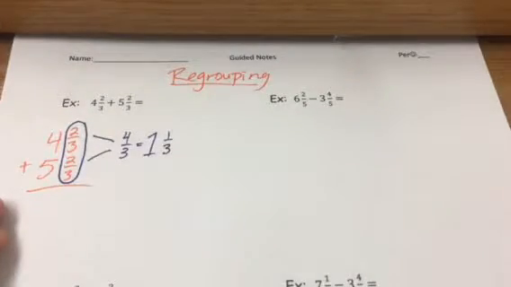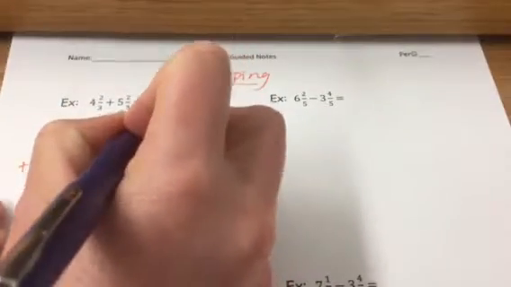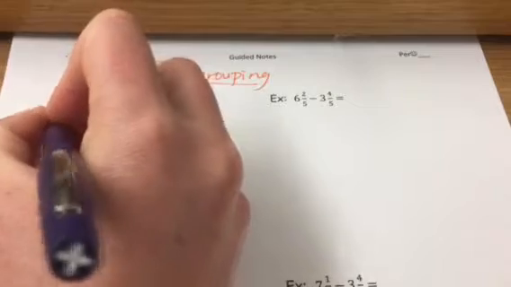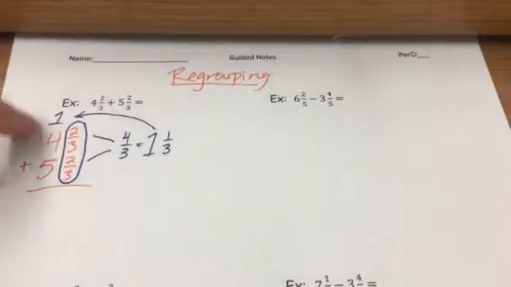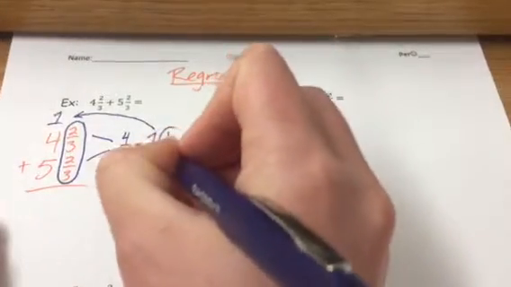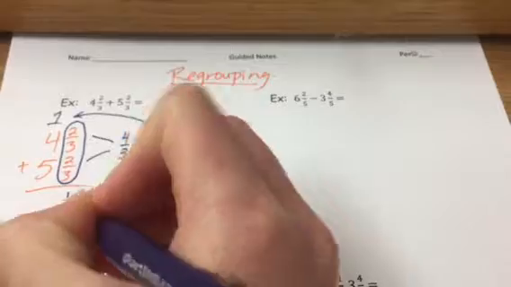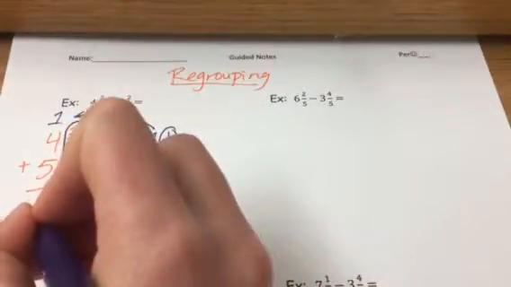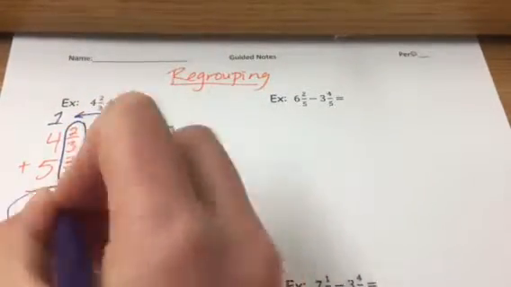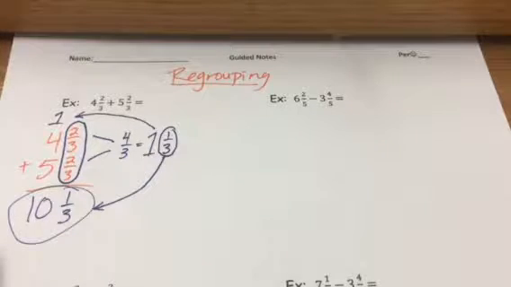Now this is where the regrouping comes into play. I'm going to go ahead and regroup my one whole thing with my ones column, with my whole column. And then I'm going to take my fractional piece and bring it down here into my fractional column. 1 plus 4 plus 5 is 10. I've just gotten my answer.